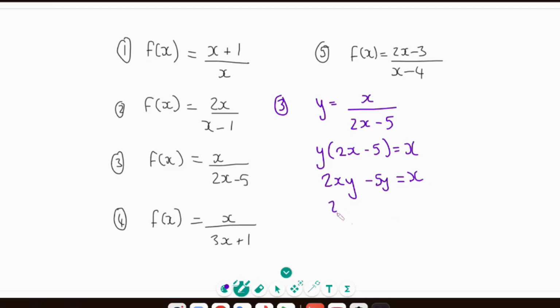I'm going to minus x from both sides and add 5y to both sides. Divide both sides by 2y minus 1.